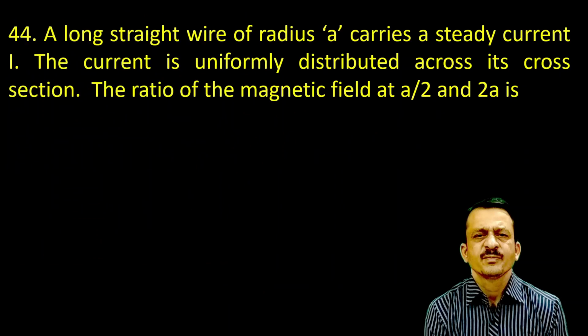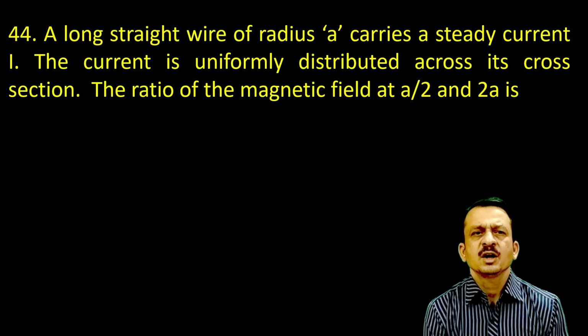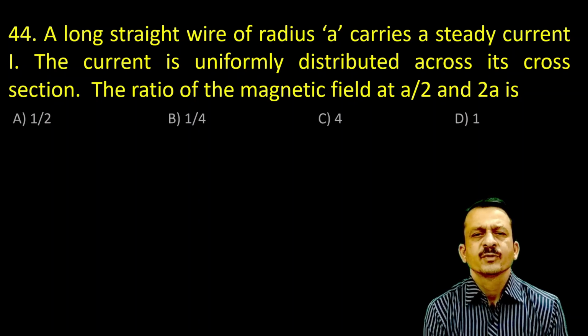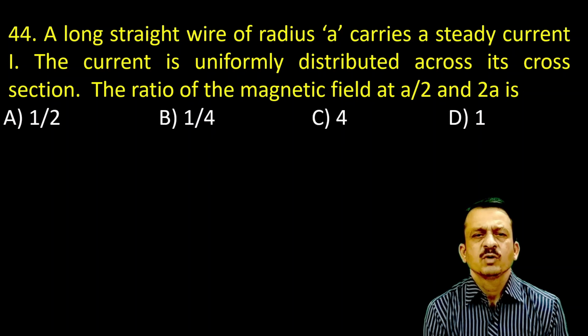Next problem. A long straight wire of radius A carries a steady current I. The current is uniformly distributed across its cross section. The ratio of the magnetic field at A by 2 and 2A. Options: A 1 by 2, B 1 by 4, C 4 and D it is 1.